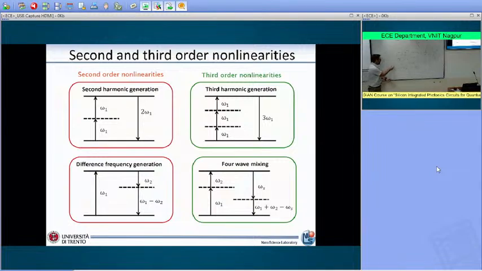If I change omega s, also omega i should change in order to fulfill this condition. Is it more clear? I cannot do a nonlinear optics course in half an hour.